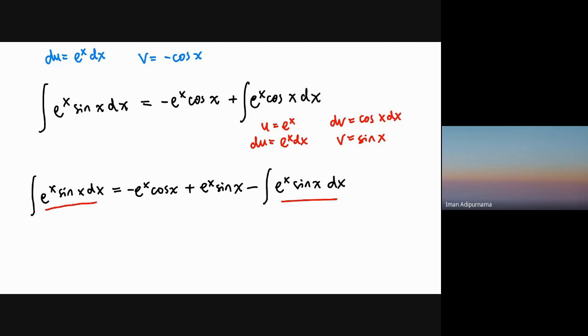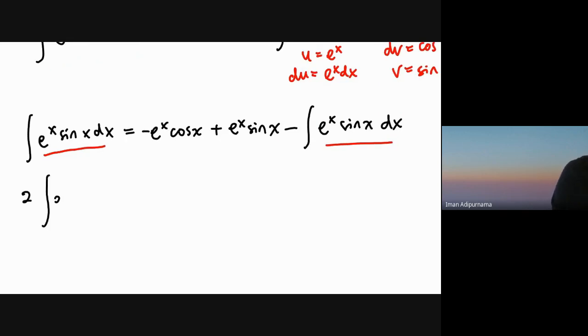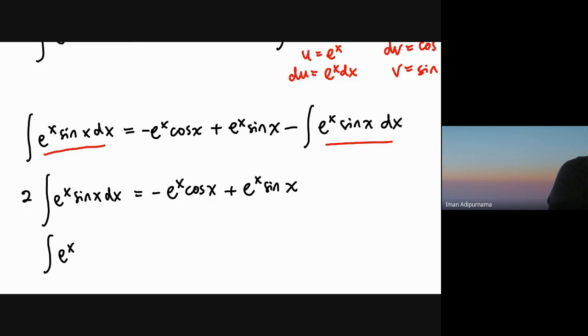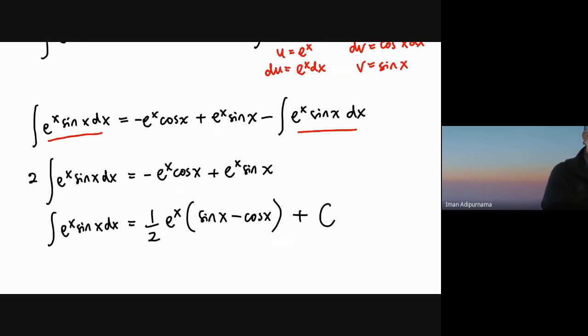So we can have 2 times the integral of e^x sine x dx, and we can write the answer as one half e^x times (sine x minus cos x), and then don't forget to add plus C. We can stop there, and this will be our result.